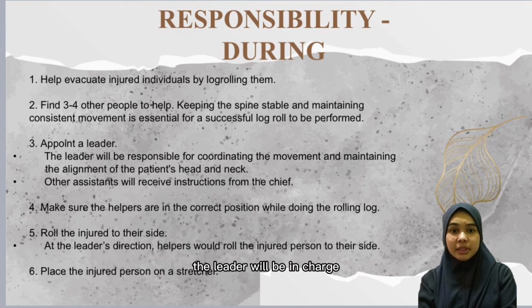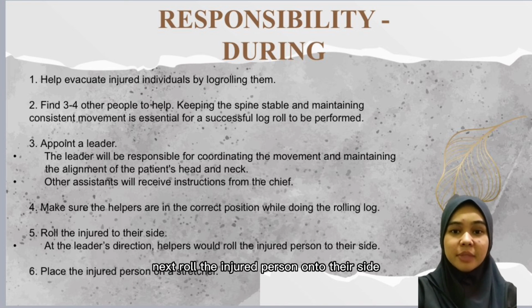The leader will be in charge of coordinating movement and maintaining the patient's head and neck alignment. The other helpers will take orders from the leader and perform tasks such as rolling the injured person onto their side, inserting a stretcher underneath them, or performing bandaging if necessary.